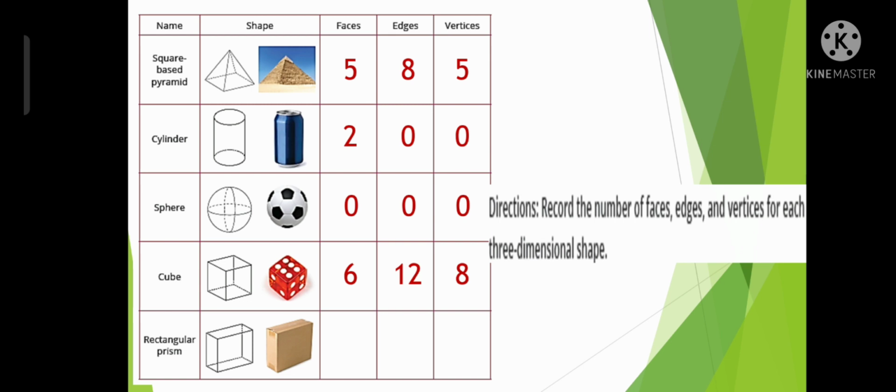How many faces in rectangular prism? 1, 2, 3, 4, 5, 6. 6 faces. And how many edges? 1 to 12. And how many vertices? 1, 2, 3, 4, 5, 6, 7, and 8.